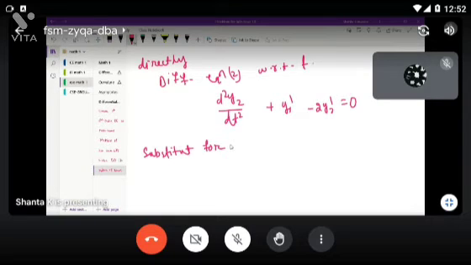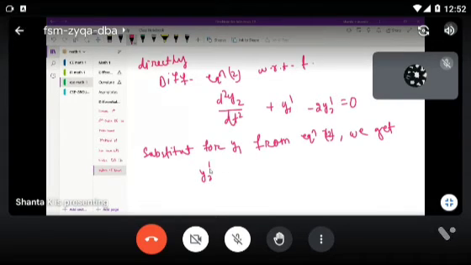From equation 2, what we get here: y2 double dash, and in place of y1 dash we will substitute minus 2y2 dash plus 2y1.